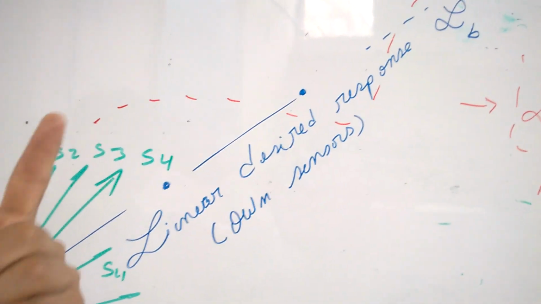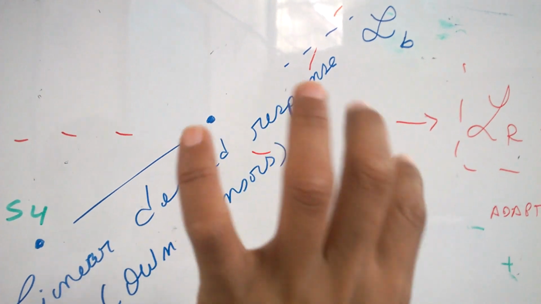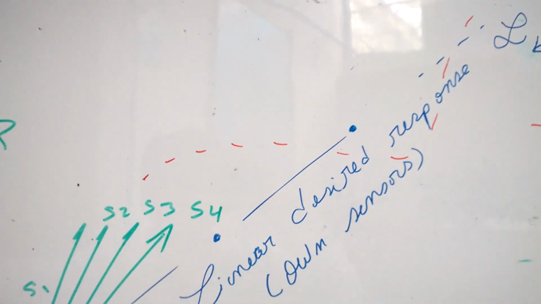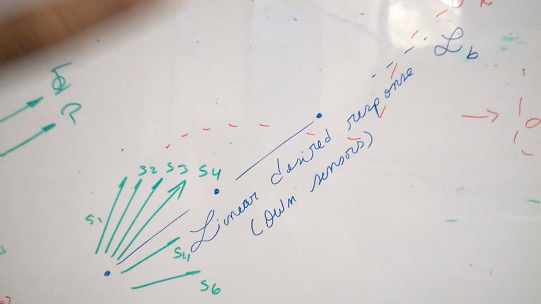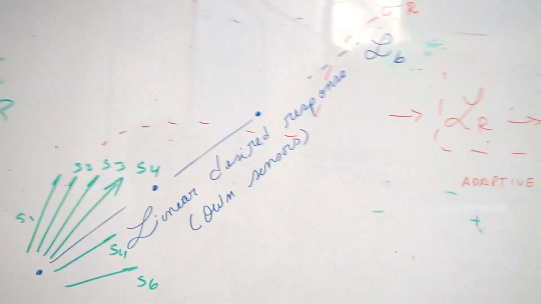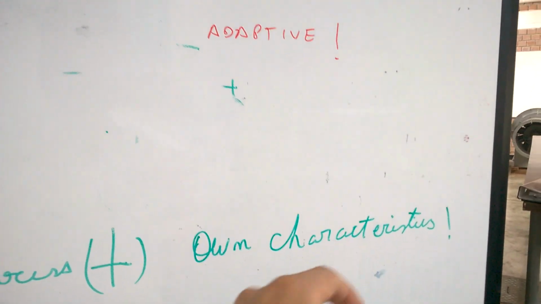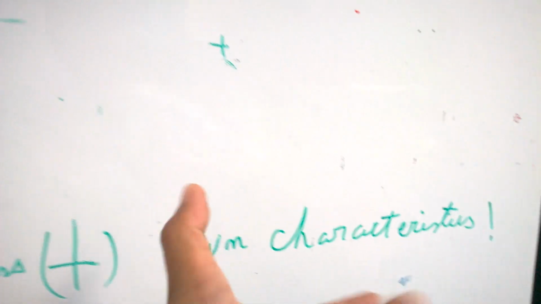Because every sensor in static behavior, when it is calibrated outside of this system, has its own measurements from its own characteristics, because of the material and how it is designed.